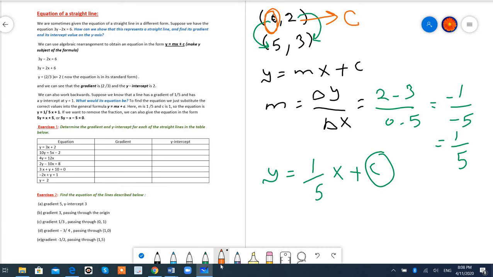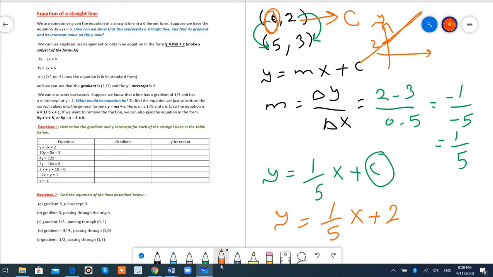This point 0, 2 is on the y-axis, so the y-intercept is 2 and it is the c.